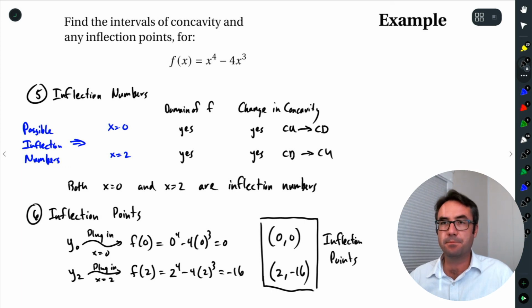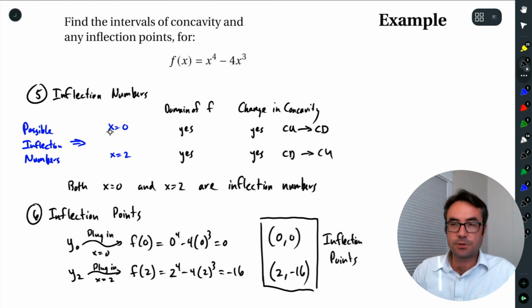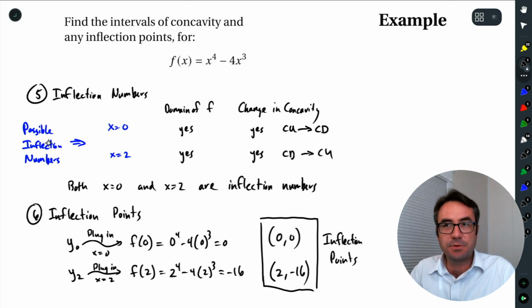And there we go. Able to find the inflection points here. So the extra work here, why did we need to go through that sign chart? Well, we needed to actually verify first. These are possible inflection numbers, x equals 0, x equals 2, but there were a couple extra conditions we had to check. Both of these x values we saw were in the domain of our original function, so that was good. And both of them actually had a change in concavity.